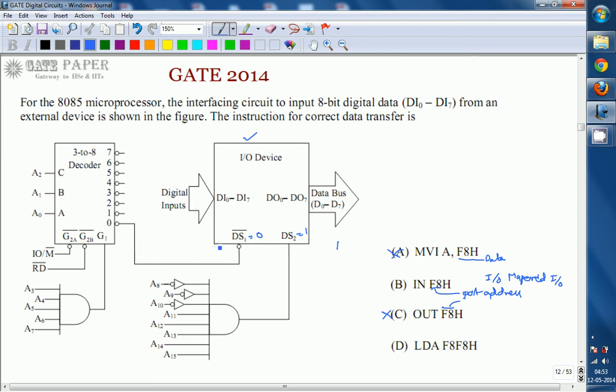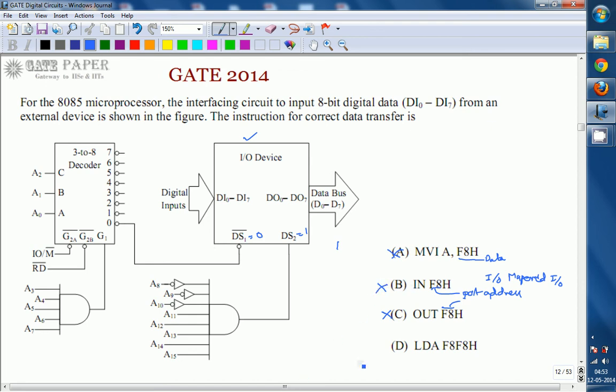That is, the entire 16 address lines are used for the selection of the I/O device. So this is not peripheral I/O. Remember that peripheral I/O uses only an 8-bit address, A0 to A7. So IN cannot be the right answer.